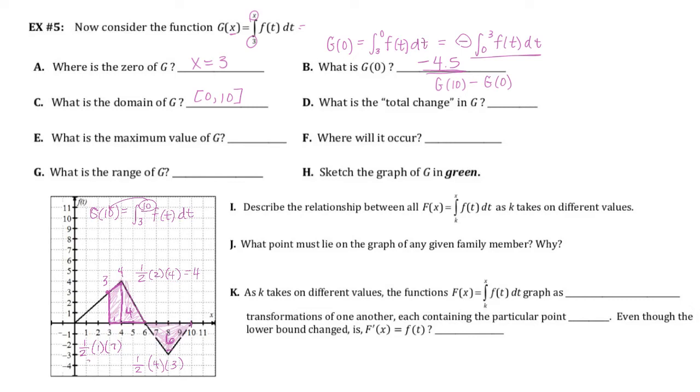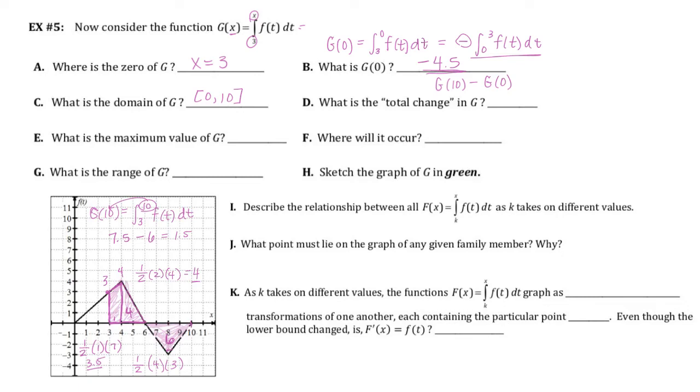So that's going to give me 3.5. All right, so going out from 3 to 10, we have 3.5 plus 4. So that's going to be 7.5. So I have 7.5, but then I have this bounded region below, so I'm going to have minus 6. So that's going to give me 1.5.